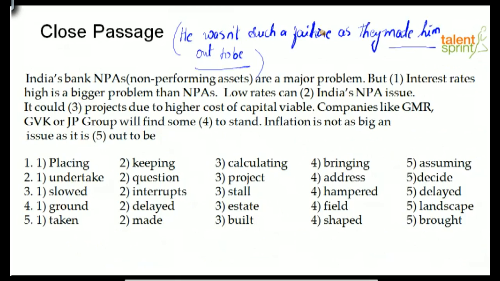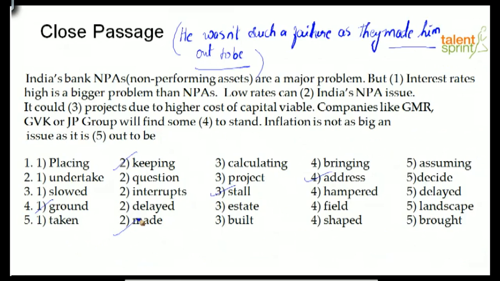So now, having looked at the closed passage, let's quickly recollect some of the things that we've done here, right? Let's quickly put down the answers. These are the answers that we came up with. In this context, Shubhendu, brought out to be would be inappropriate.